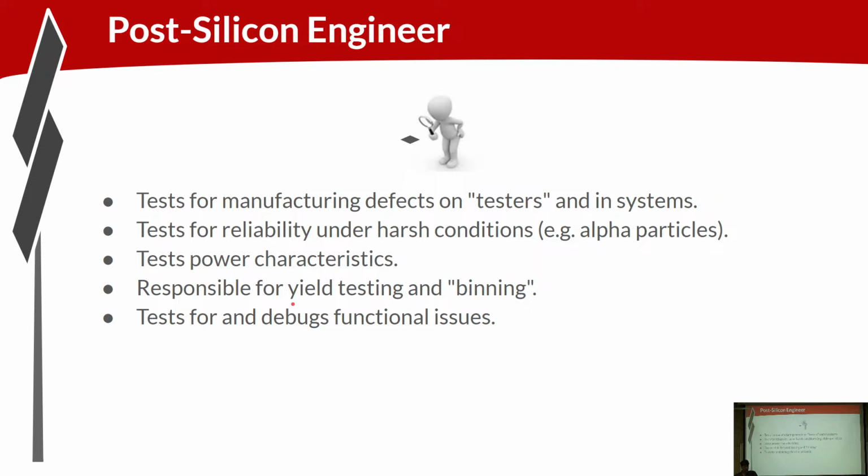So they're also kind of in line with that, responsible for yield testing and binning. So one design, one chip is not necessarily one product, right? So for example, I worked on x86 CPUs, so maybe we have a generation of x86 CPU that's a 16-core design.